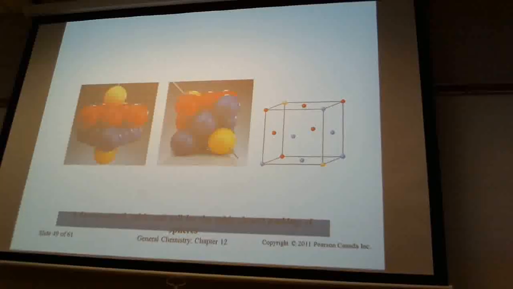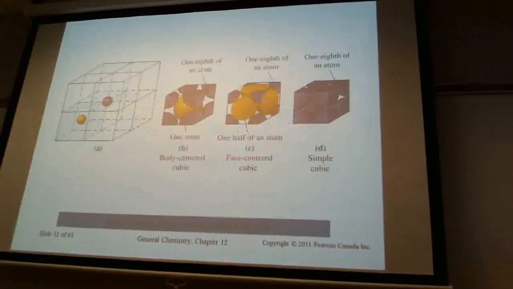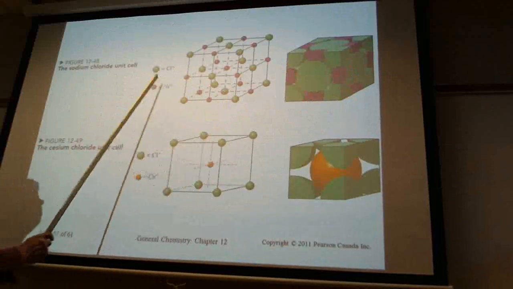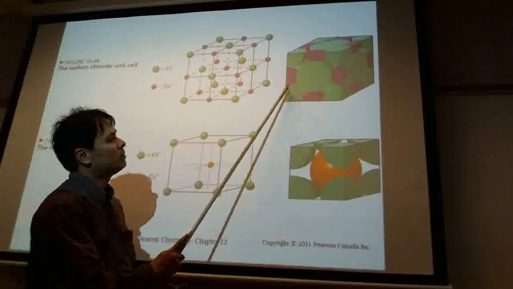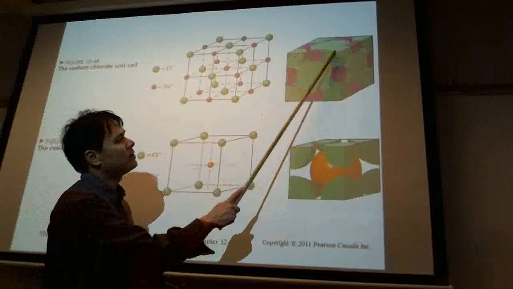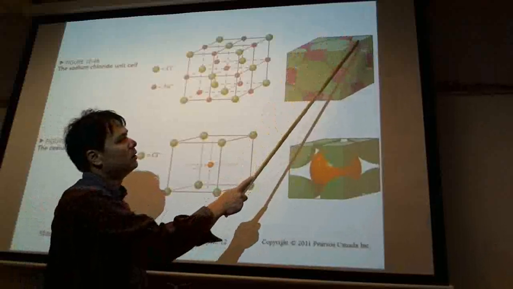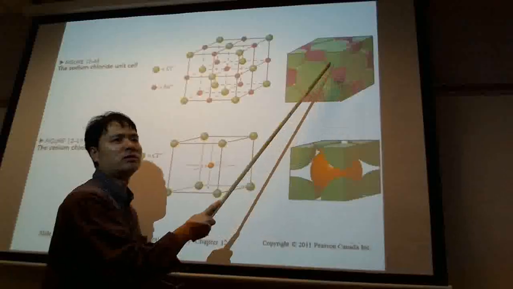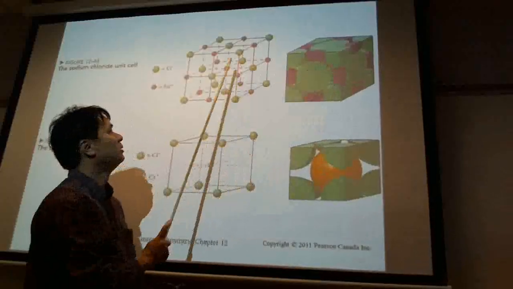So take a look at this crystal here. This crystal is sodium chloride. Sodium chloride is the face-centered cubic lattice of chlorides, with the sodiums occupying all the octahedral holes, including the one dead center, right there.